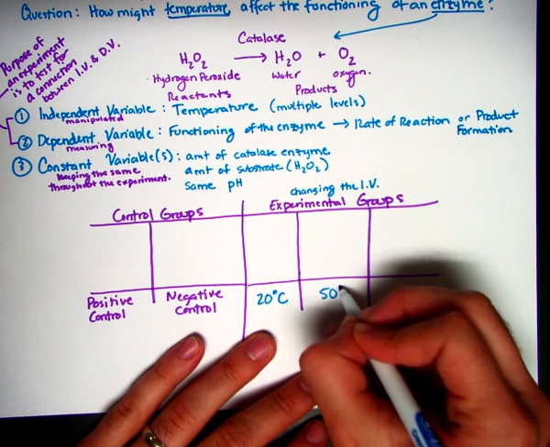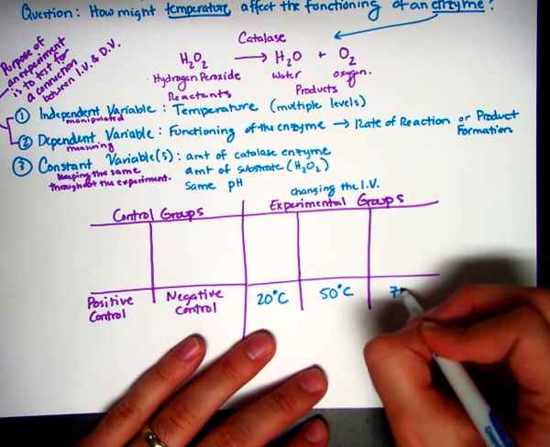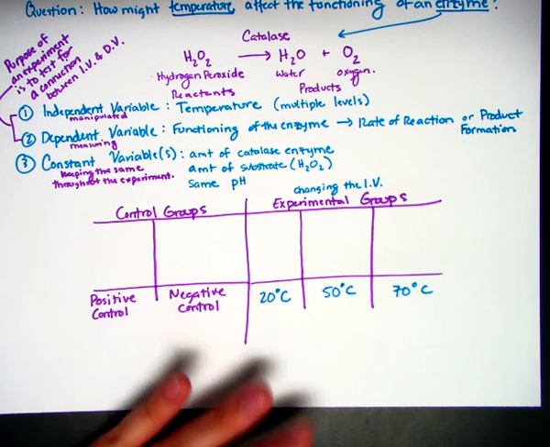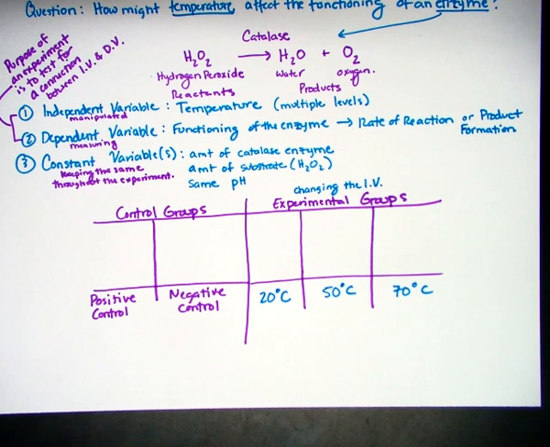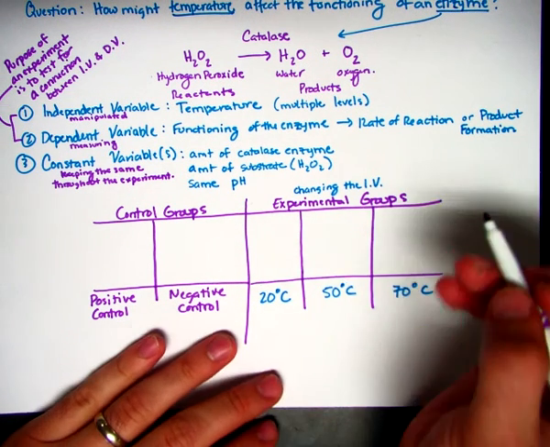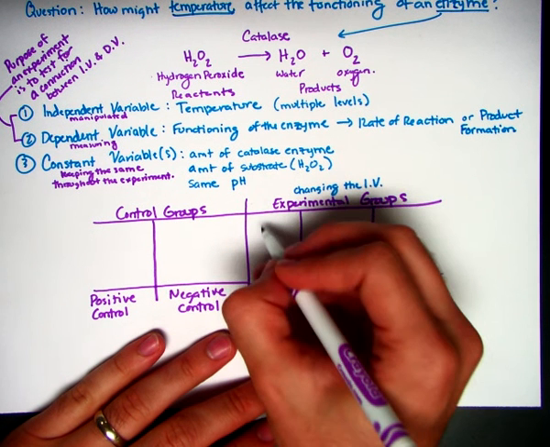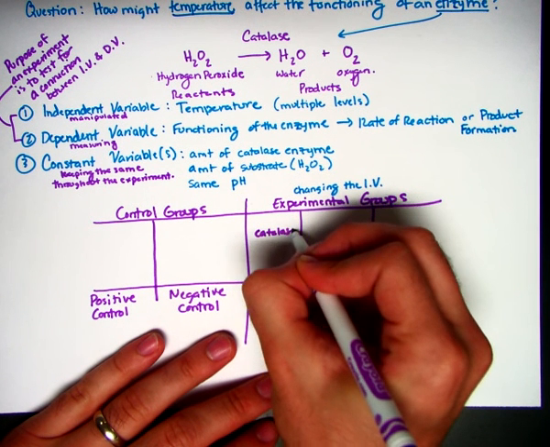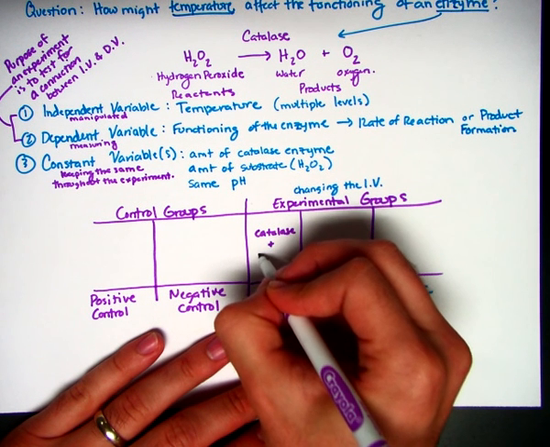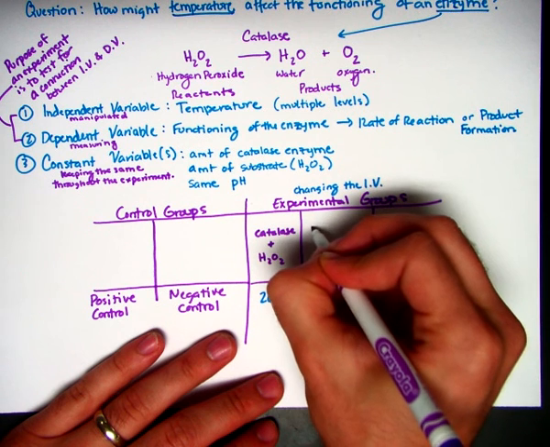Second level, 50 degrees Celsius, and the last level, 70. Those are arbitrary numbers, but they're different levels where I'm changing the temperature. All 3 of these, I will have catalase plus hydrogen peroxide in the same amount.